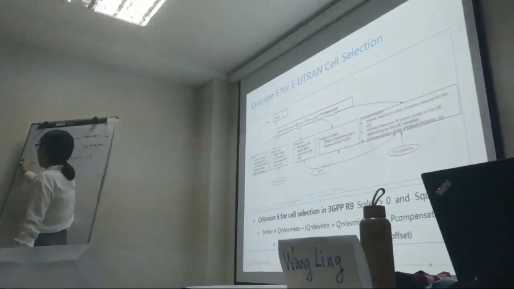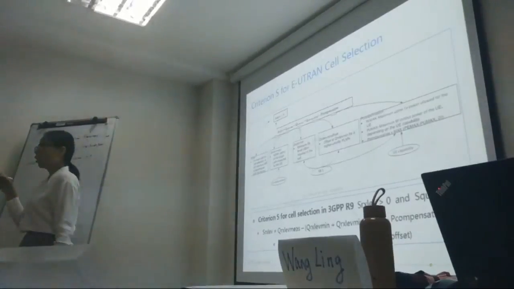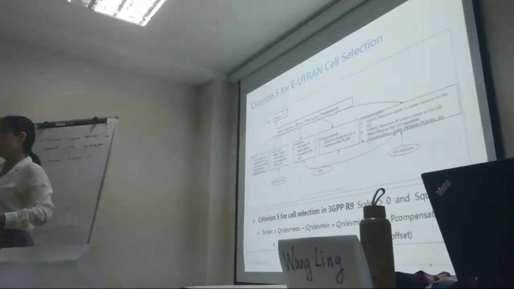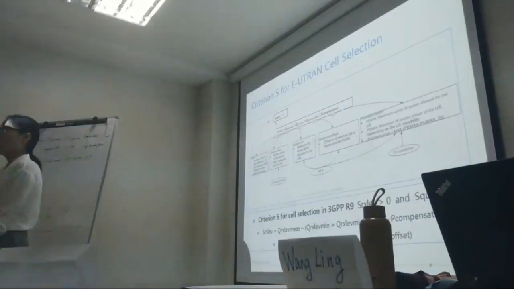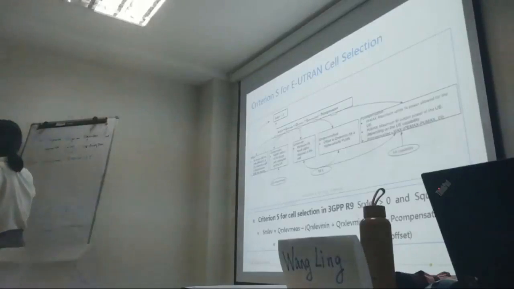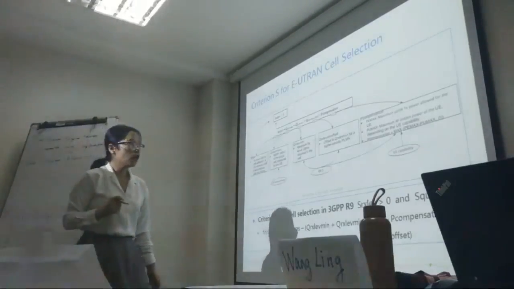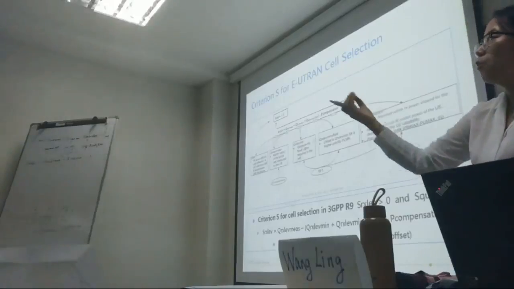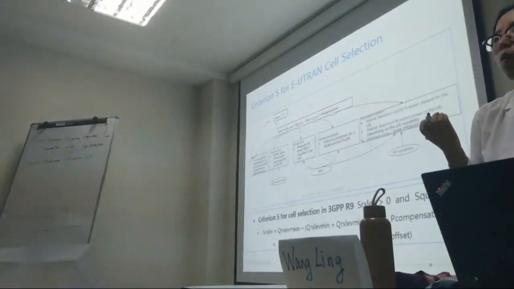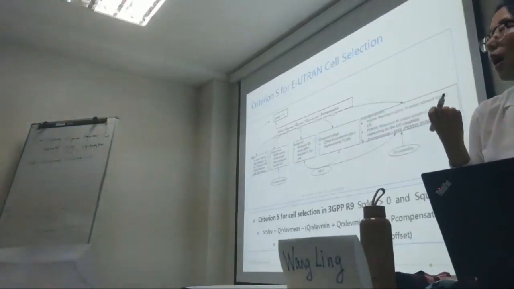Here we get this S value, and later we will use it many times. When we set the threshold, we will compare with this S. So this is for the cell selection. For this example, we think it is for SRP.